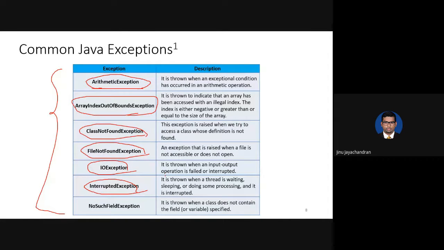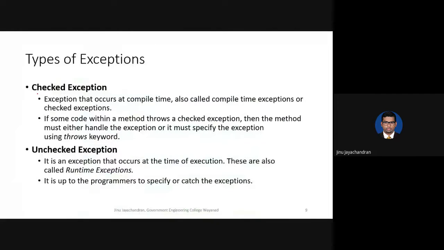That is called an InterruptedException. NoSuchFieldException: in a class, you might not have declared a variable, but using the object of the class, you are trying to access that variable. So all these are different types of exceptions already programmed in the Java system. You can make use of these exceptions to correct your program.